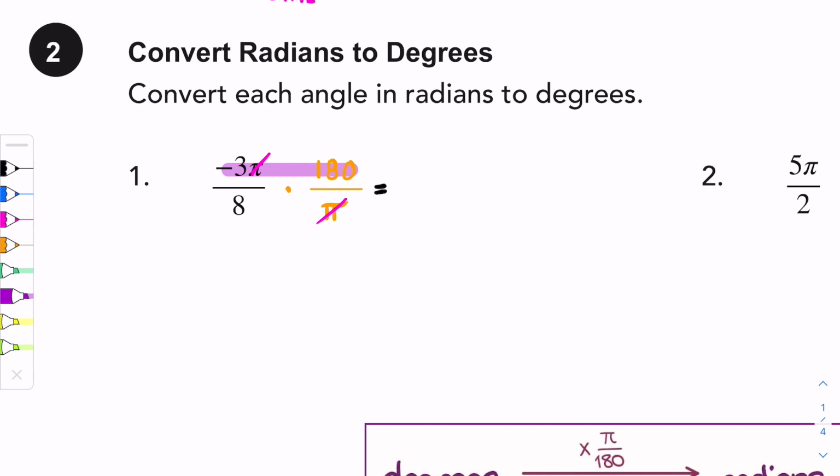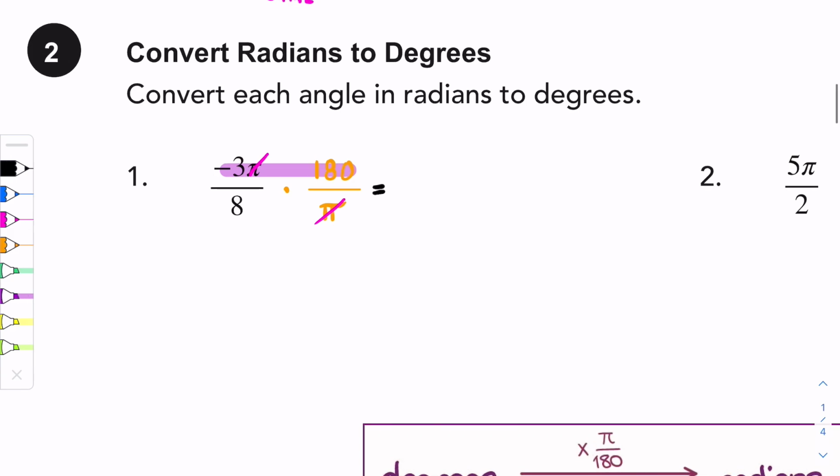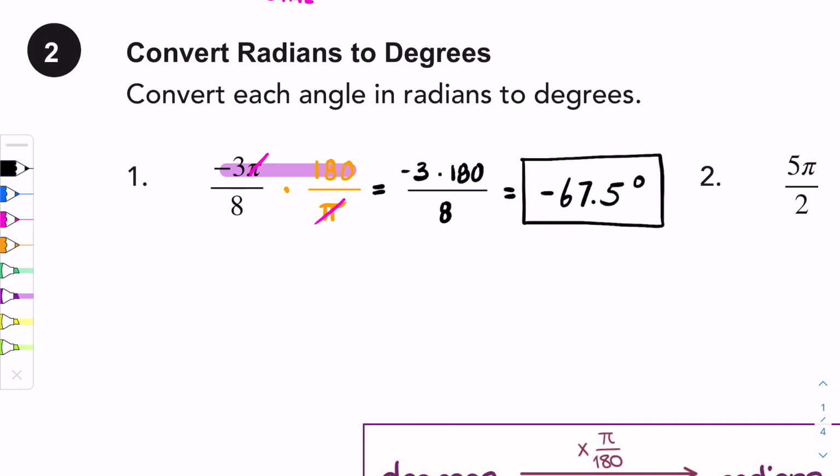What's left is negative 3 times 180, divided by the denominator, which is 8 times pi. Left over is just 8. So in this case, again, you can either simplify that, or you could just type this into your calculator. And that's what I'll do. When I type that into my calculator, I end up with negative 67.5, and we just converted that to degrees. So don't forget your degree symbol.